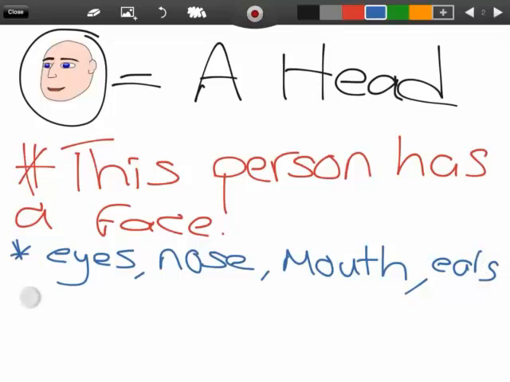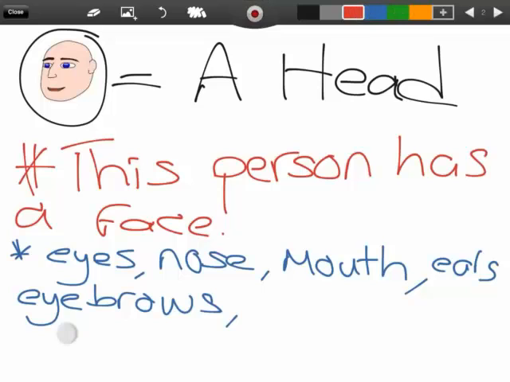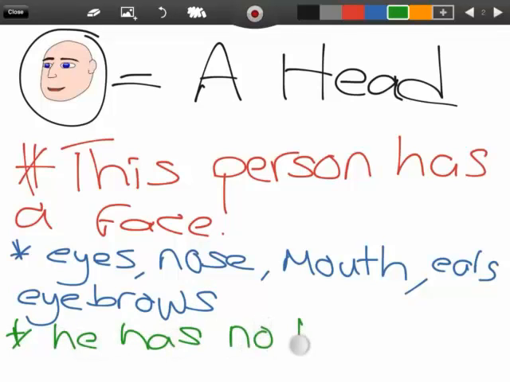He has eyebrows. But he has no hair. So just to make that more clear for you, I'm going to go ahead and write that here. Oops, sorry about that. He has no hair.